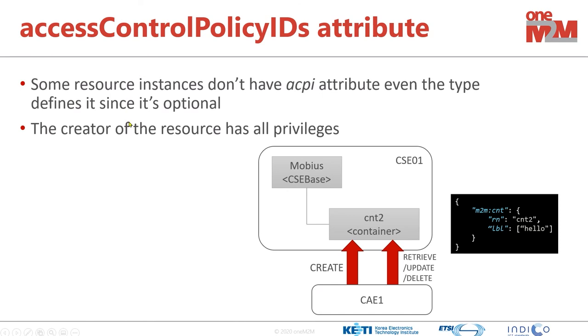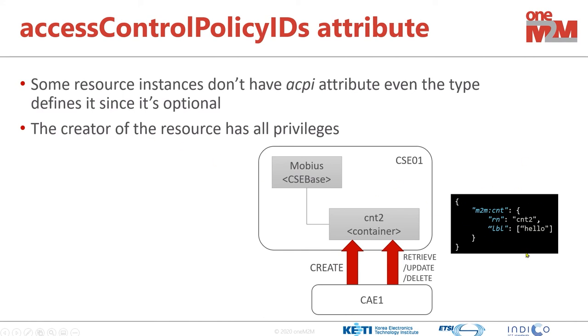Okay, so some resource types can have the access control policy IDs attribute, but still it is optional. That means if you want, you don't have to put it into the resource. For example, there is a container resource, this is the resource object representation named CNT2, and there's no ACPI. Then how do you make the access decision? As the oneM2M platform, CSE, there is the creator information contained by the CSE for the creator of this resource.